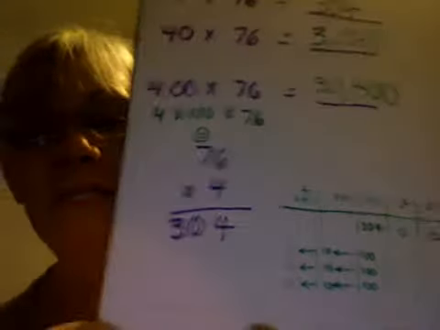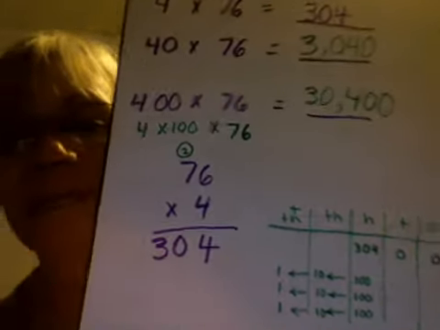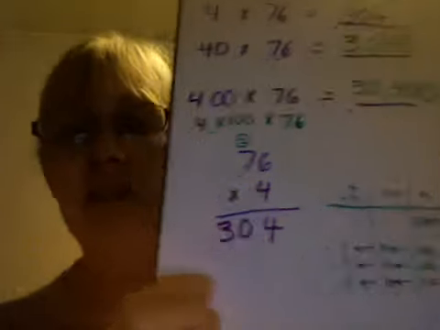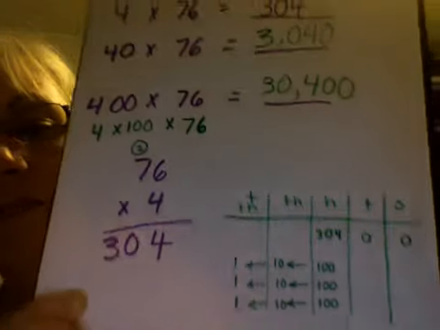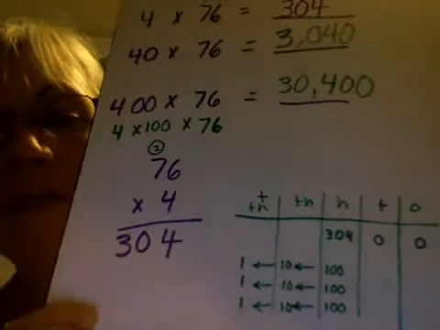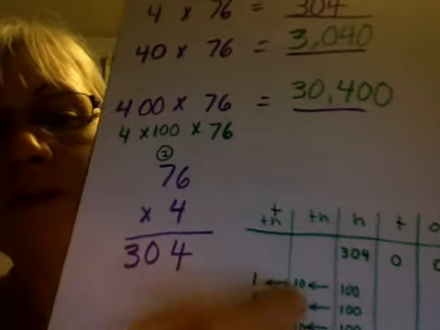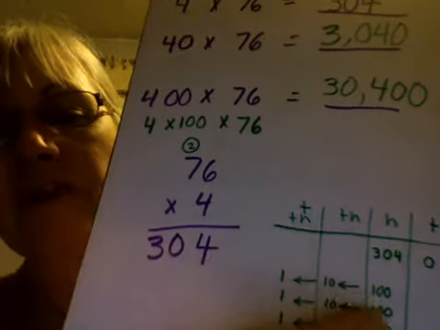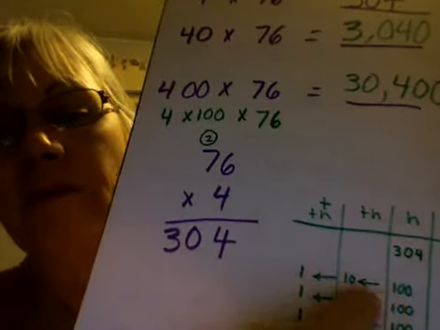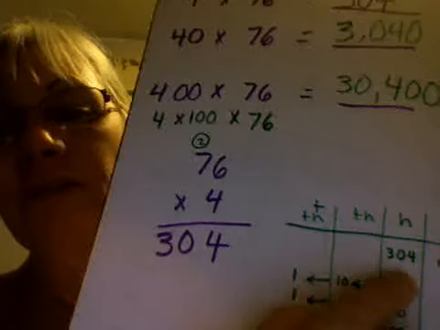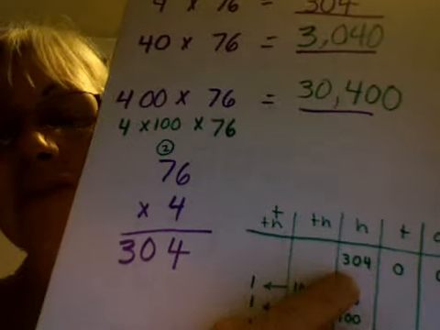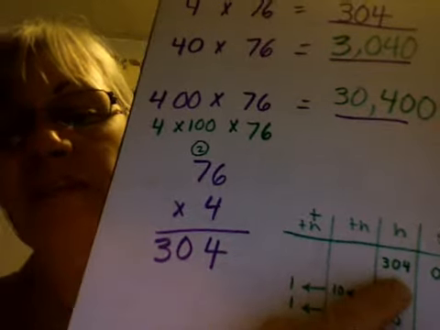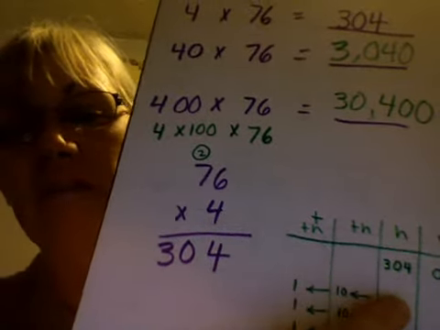I'm also showing this on the place value chart as if we had regrouped while we did the calculations. There, that makes it a little bit easier to see. We started with 304 from our first calculation, but if we're going to regroup 304 hundreds, we'll still have our 400 left in the hundreds column because they won't get regrouped.